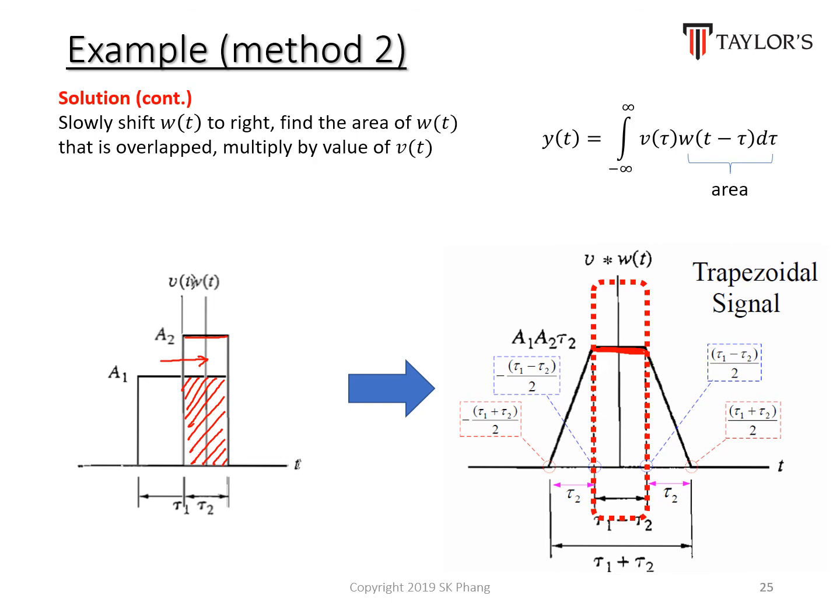And it has slid for another tau 2, so in this case, it has slid for tau 1 divided by 2. It's not tau 1 divided by 2, but it's tau 1 minus tau 2 amounts of time. That is where this one comes from, tau 1 minus tau 2 amount of time that it has slid through.